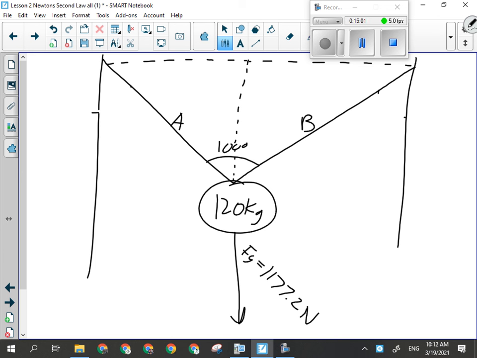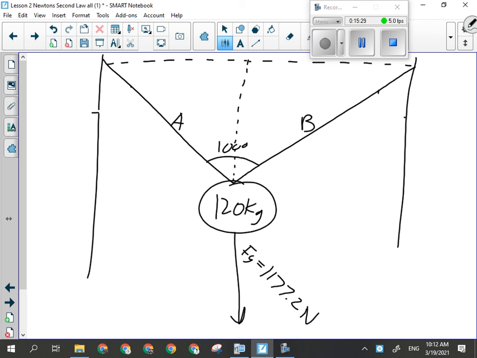Half. That's the thing you've got to get. Because a lot of people will say this side is 1177.2, except that means this thing is flying up into the air because the net force is 1177.2 newtons upwards. If you're saying each cable is holding that much, each cable is actually holding half of that.